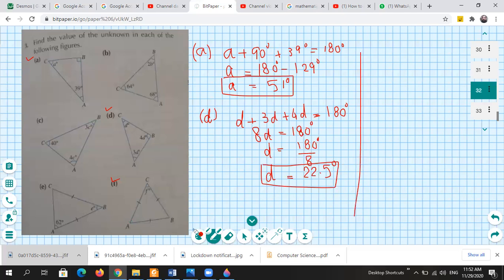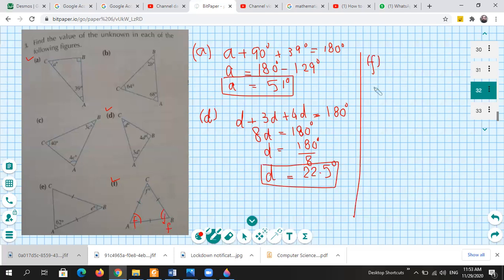So I'll write part F. Part F has three angles again, where F is at angle C, and you can see that all the sides are equal. These cut signs show that all the sides are equal. So it means all the angles must be equal as well. So this will be F. Similarly, this third angle will be F as well.